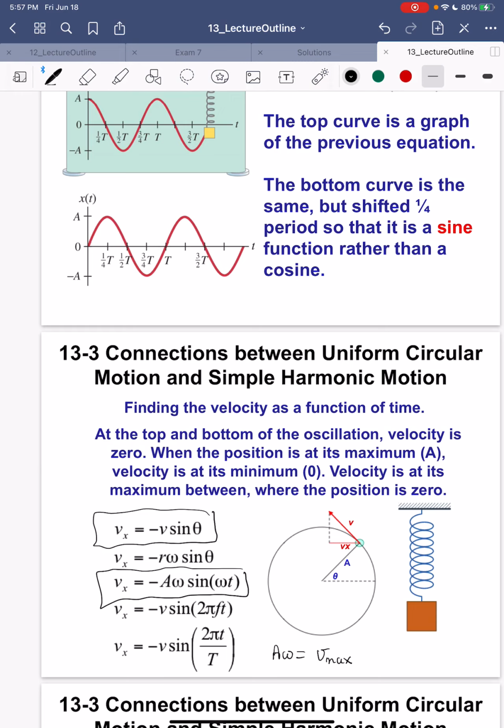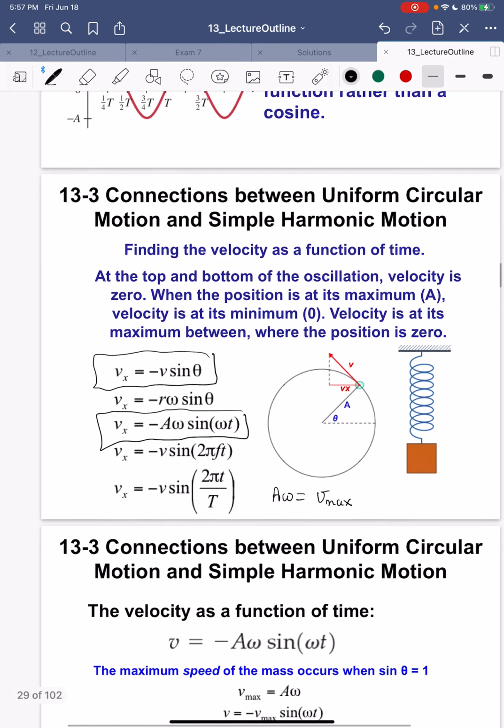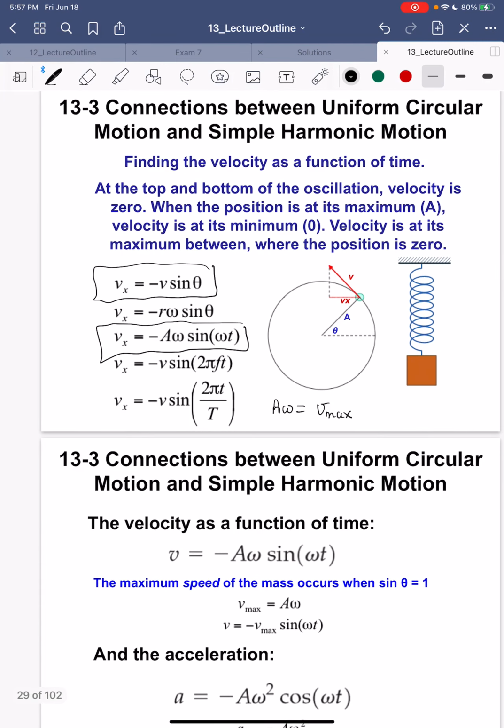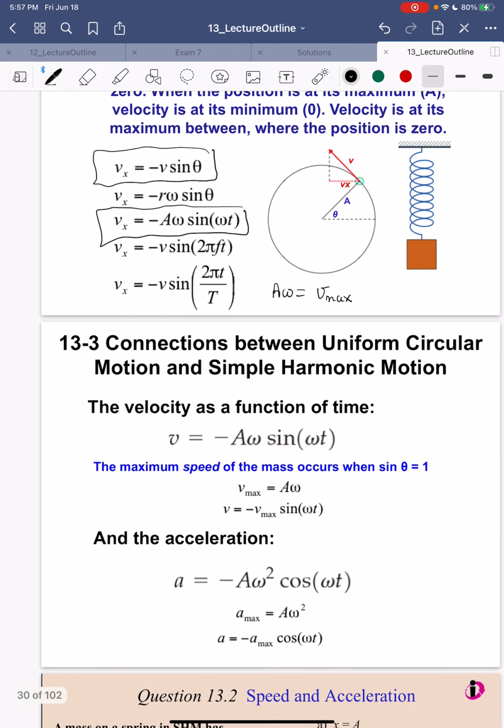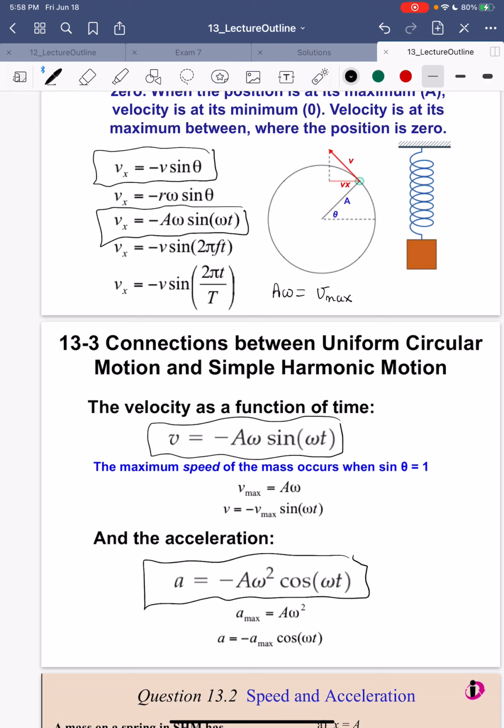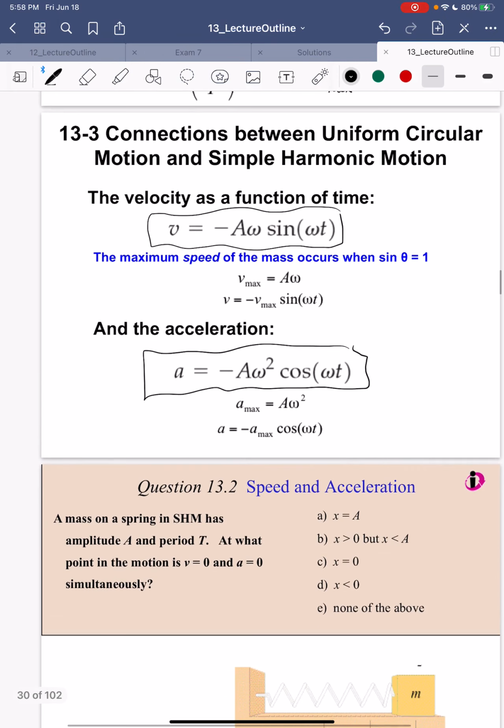According to the fact that the velocity is the derivative with respect to time, we can find this equation here. The maximum speed of the mass occurs when sine theta equals 1, and for the acceleration, this is the equation because it is the derivative of the velocity with respect to time.